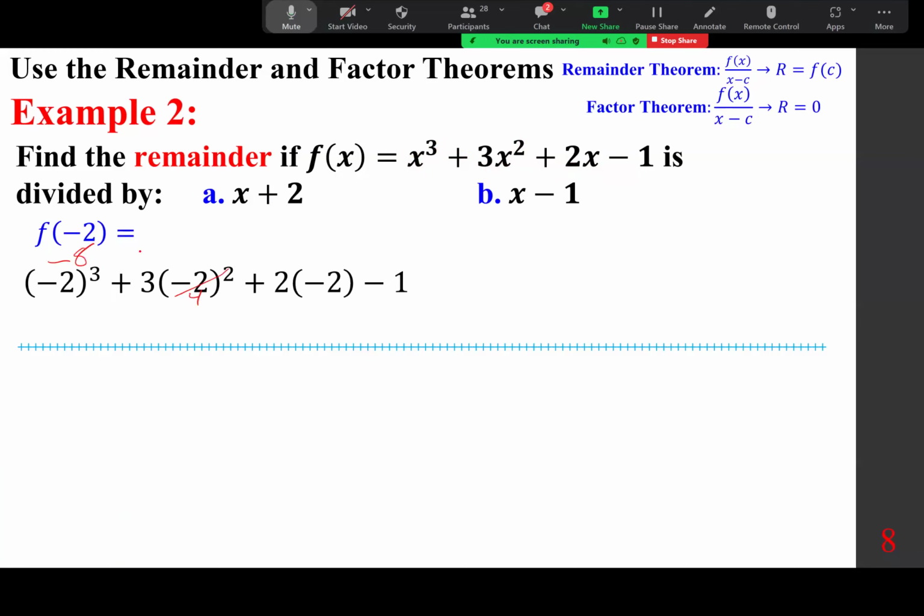This is 12. This is minus 4. This is minus 1. I hope you see that they cancel each other. And so we end up with negative 1. So the remainder is negative 1.